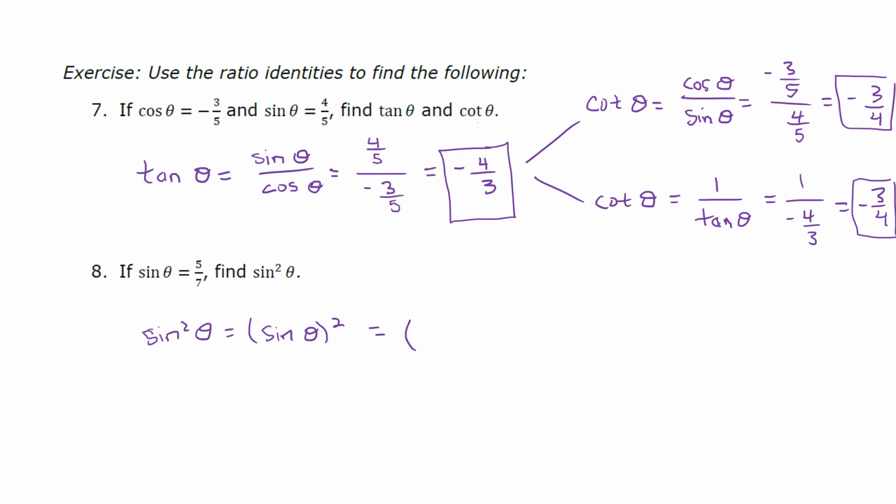So if sine theta is 5/7, then 5/7 can be substituted for sine theta. So now we have 5/7 squared. 5/7 squared will get us 25 over 49. So sine squared theta is 25 over 49.